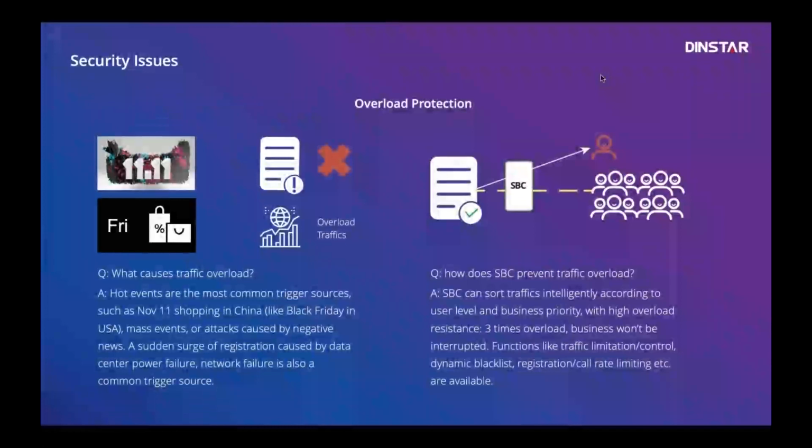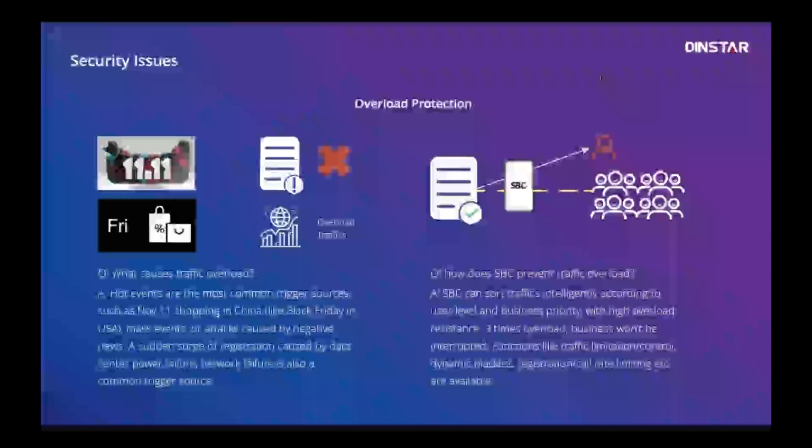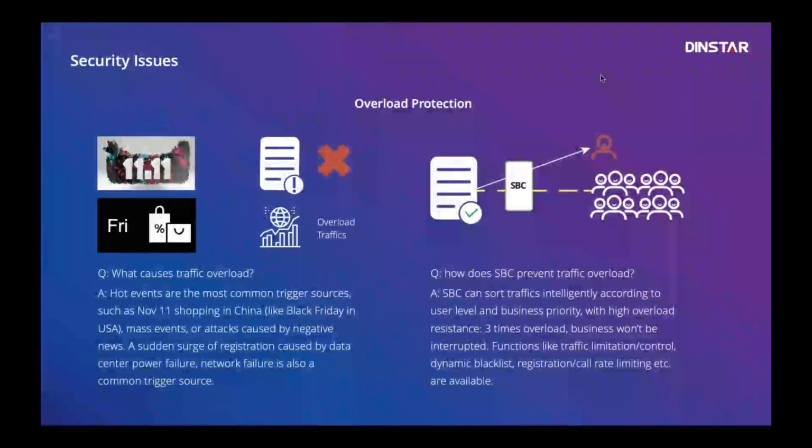A sudden surge of registrations caused by data center power failure or network failure is also a common trigger. SBC can sort traffic intelligently according to user level and your business priority. With high overload resistance, functions like traffic limitation, traffic control, registration rate limiting, and call rate limiting are very helpful in these cases.